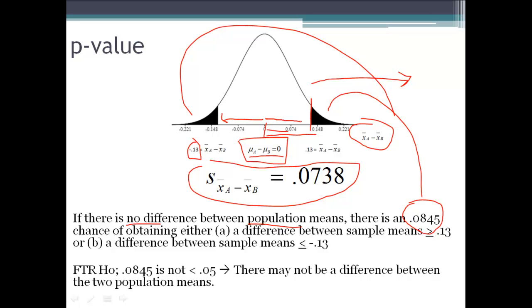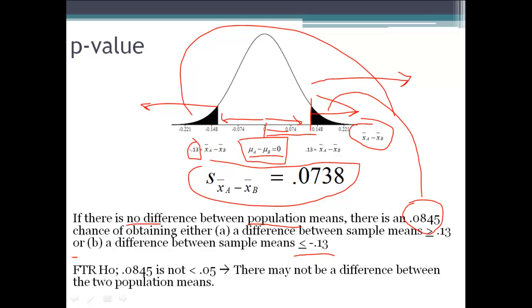Going this way, we had a difference of 0.13 minus 0. So going the same side here. So again, that 0.0845 p-value refers to above here or below here, which is what we have shaded in. So the second thing is a difference between sample means less than or equal to minus 0.13.